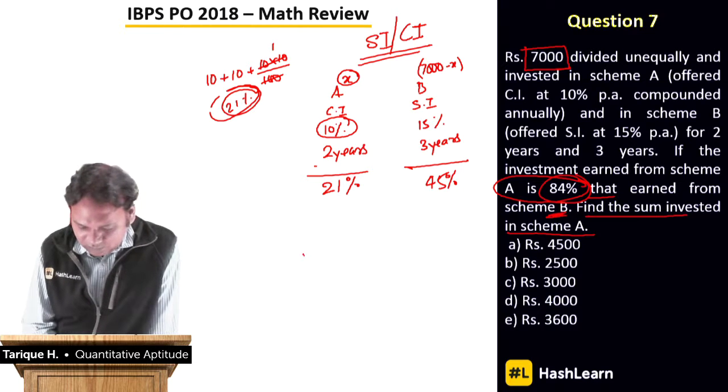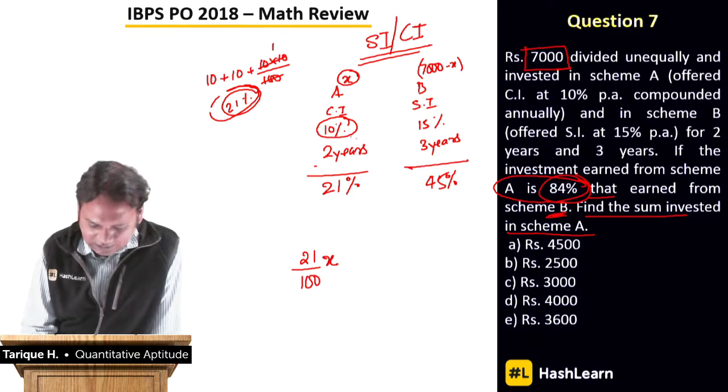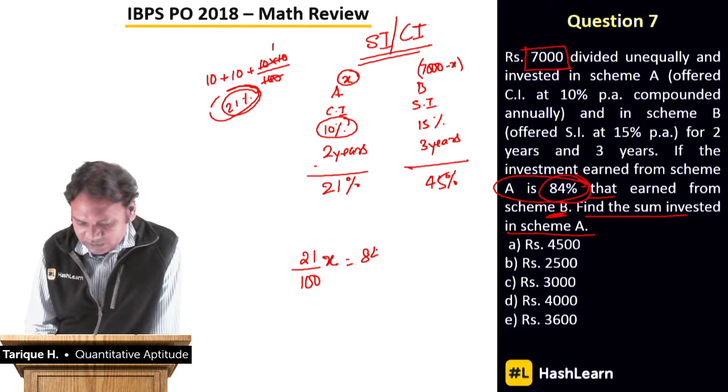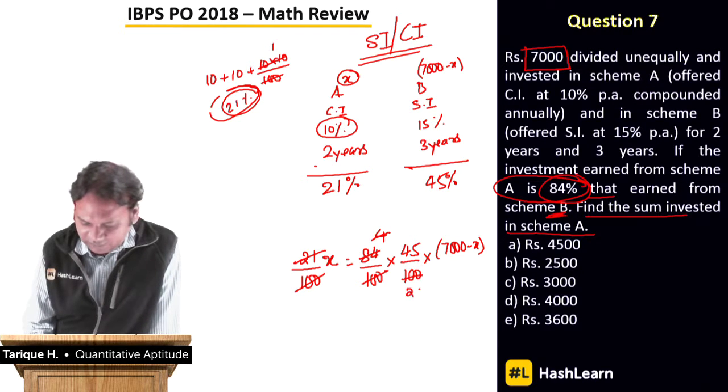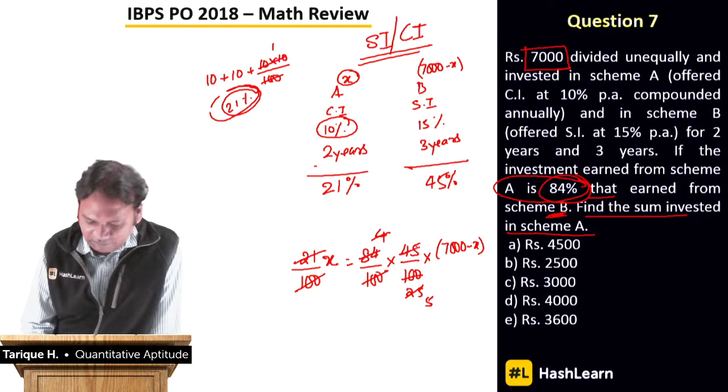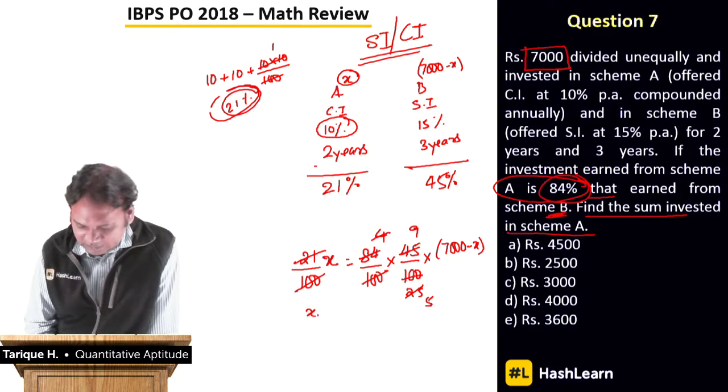So we can say 21% of scheme A is equal to 84% of 45% of the amount invested in scheme B, that is 7,000 minus X. 100 gets cancelled. This is going to cancel this 4 times, and 4 will cancel 125 times. 5 into 5 and 5 into 9, so 9 by 5. X by 7,000 minus X is equal to 9 by 5.